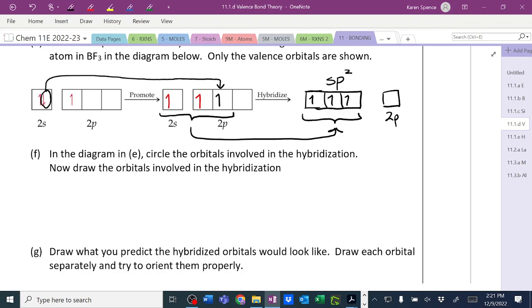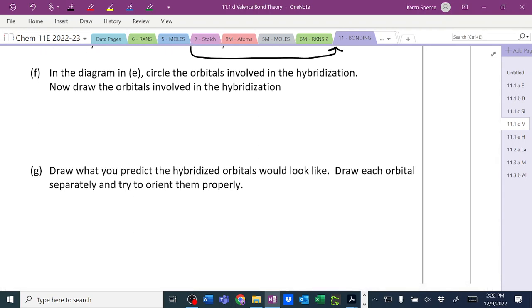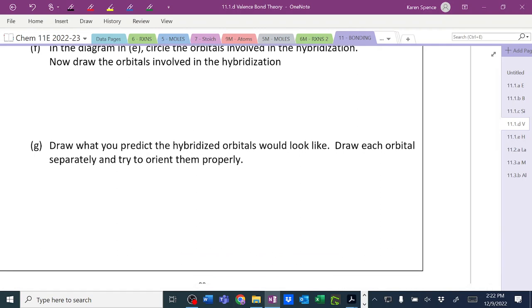Okay. What do we predict that the hybridized orbitals would look like? Try to draw each orbital separately and orient them properly. So give it a go.